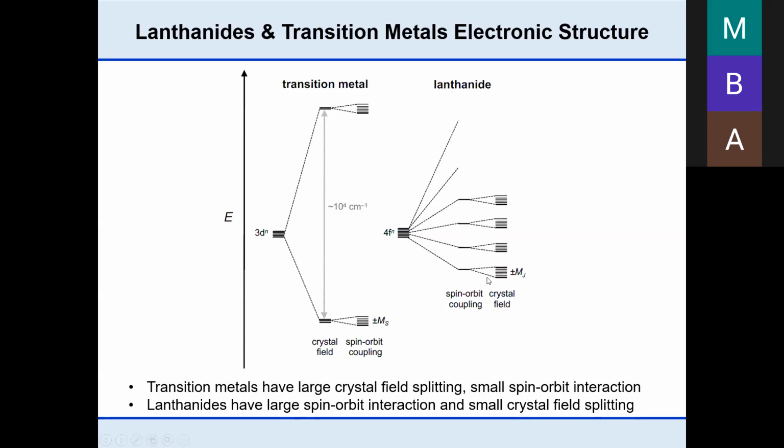So for a single molecule magnet, we want to maximize this zero field splitting magnitude and maximize the amount of moment that we have in our ground state. So we want to have large J values and large numbers of unpaired electrons, as well as a large zero field splitting.